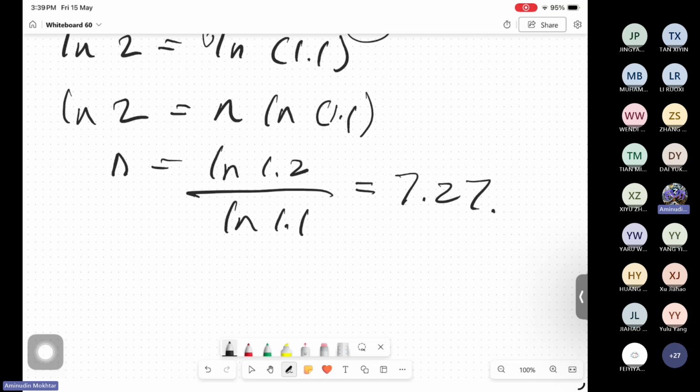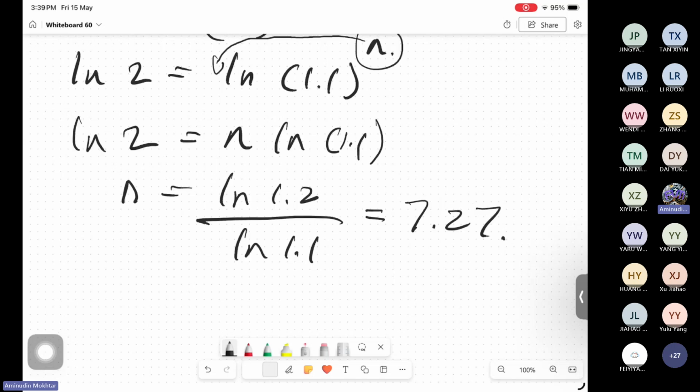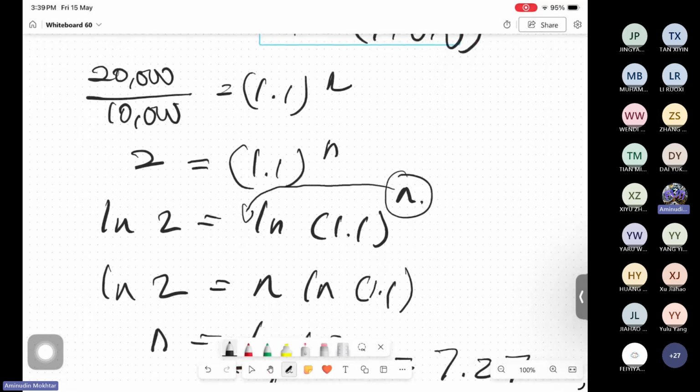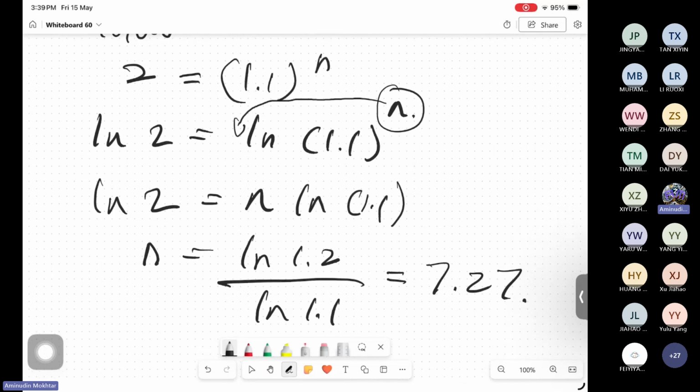You need to wait until the end of year 7 in order for your savings to increase to 20K. In other words, in order to get a 100% return, you need to wait for 7 years. At the end of year 7, your investment will increase by 100% from 10K to 20K. That's how to find the answer for this question.